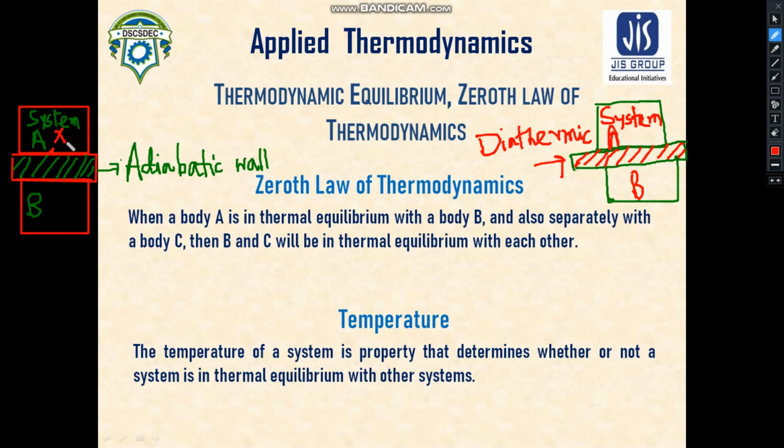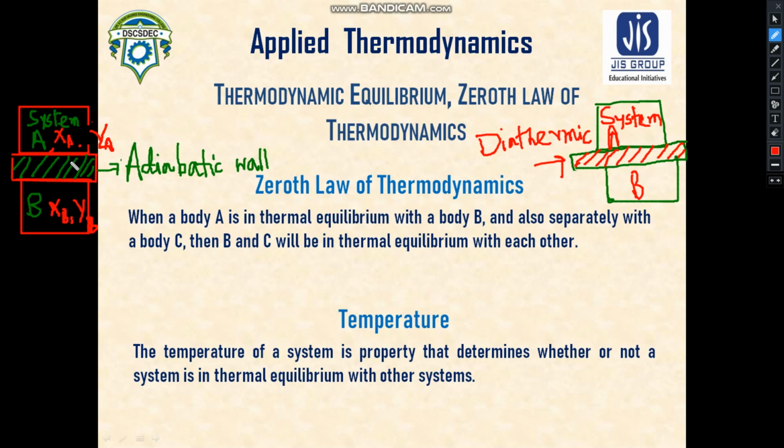If we consider some properties XA and YA, and here I write XB and YB for the sake of your understanding, these properties are not going to change because they are separated by an adiabatic wall.